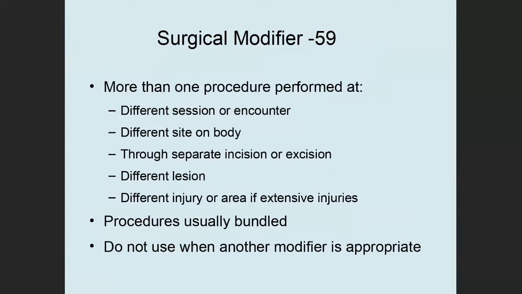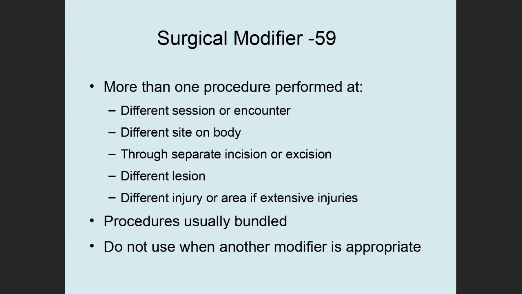So modifier 59 is also added to a surgical code. This is the most confusing modifier, I think. It's used to indicate a service is separately reported in this case because the two procedures involved a different session or encounter, a different site on the body, or a separate incision or excision, involves a different lesion, or a different injury, or different areas if you're talking about extensive injuries.